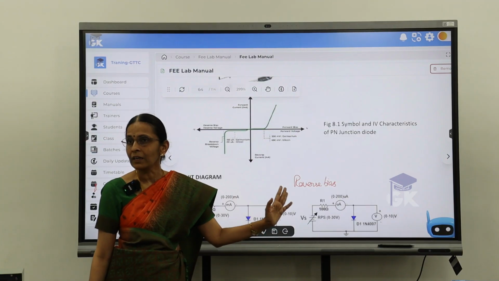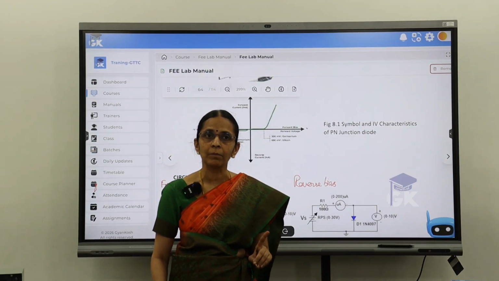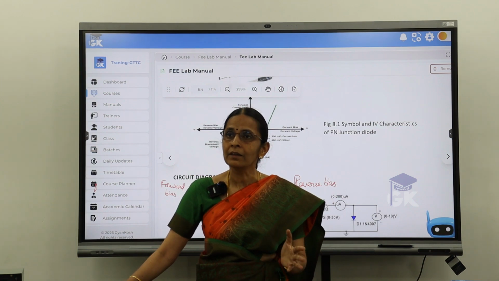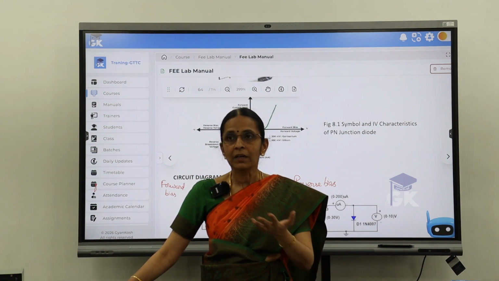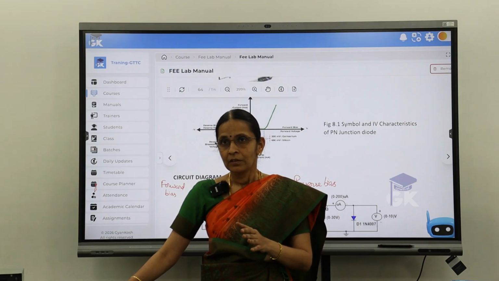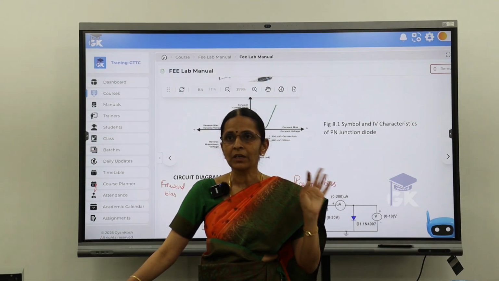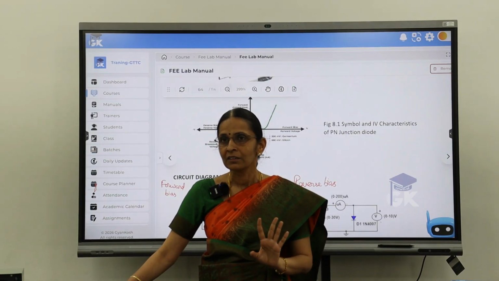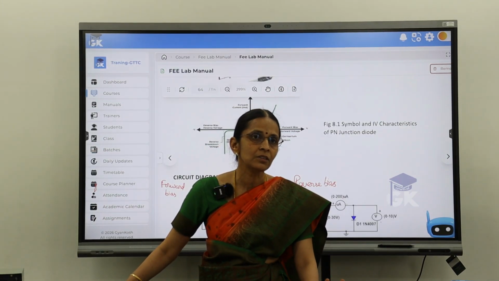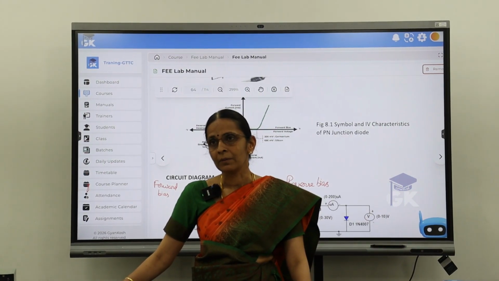Clear? But the breakdown will not happen, because for the breakdown to happen, it requires hundreds and thousands of volts. The RPS we have goes only up to 32. So you cannot view the breakdown there, you can just note down the readings. The breakdown will only happen at 500 or 1000 volts.